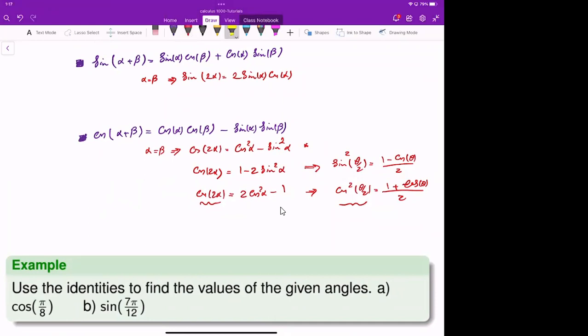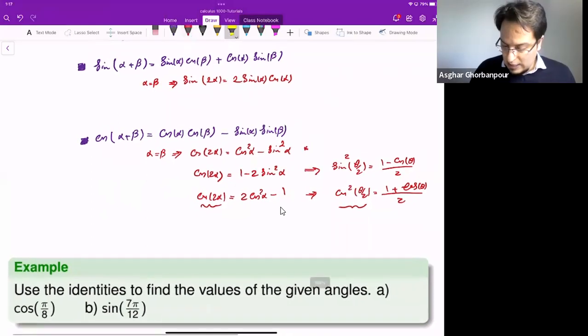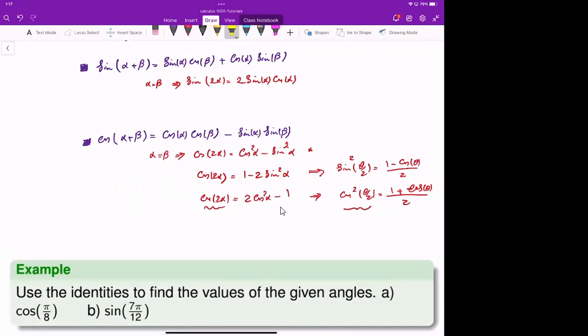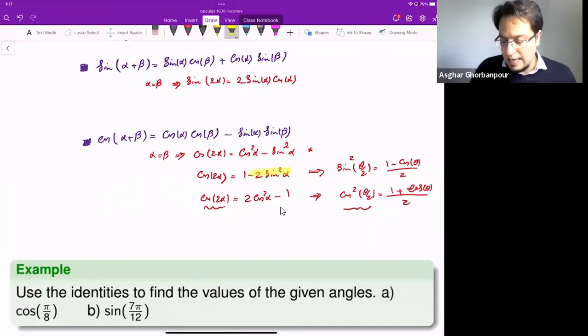Yeah, you see, on the right-hand side, the double angle formula, if you know the sine of an angle, you can find cosine of double that angle.